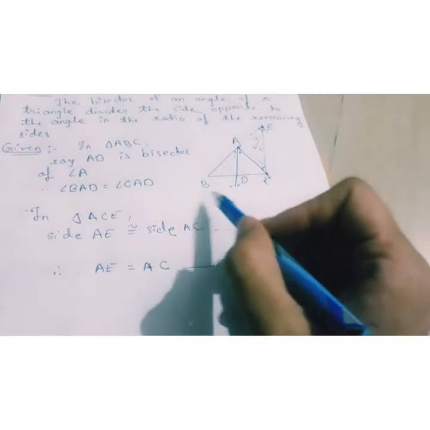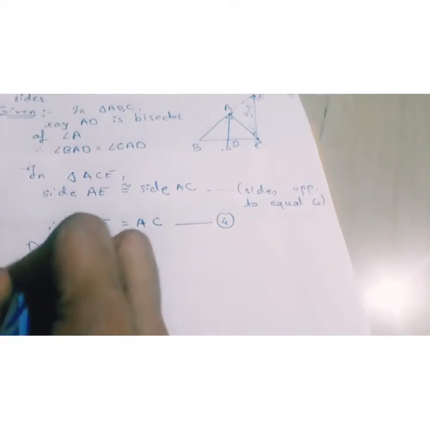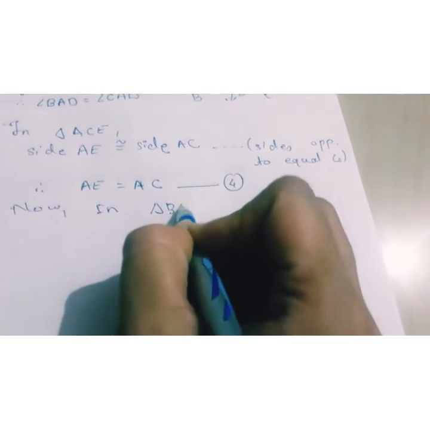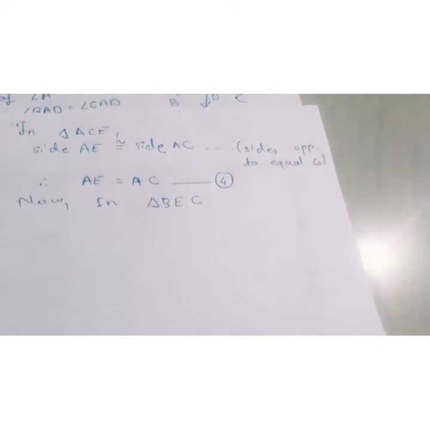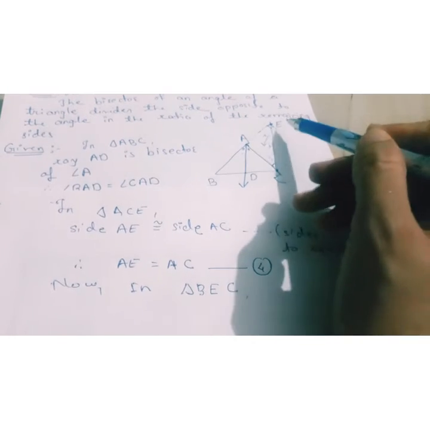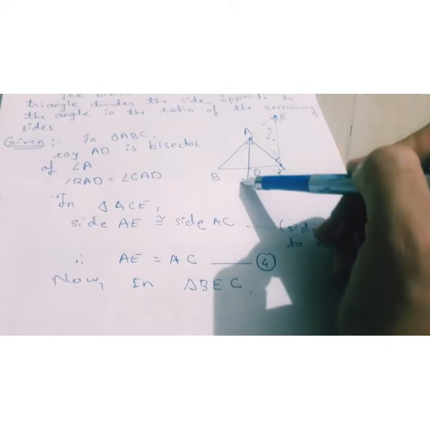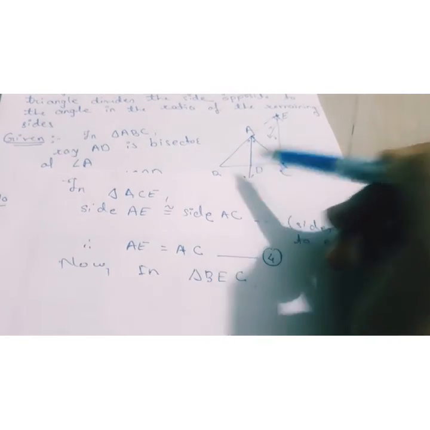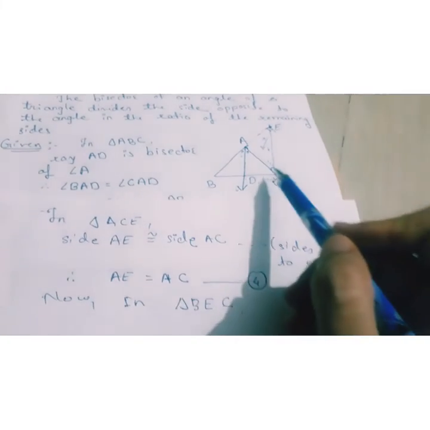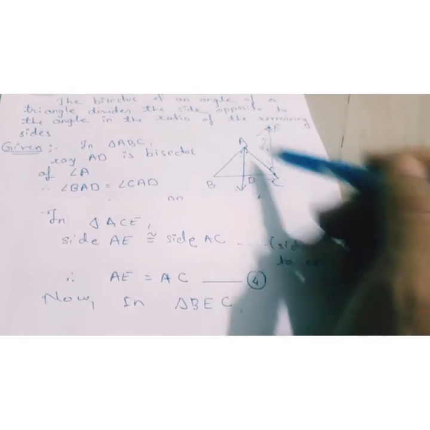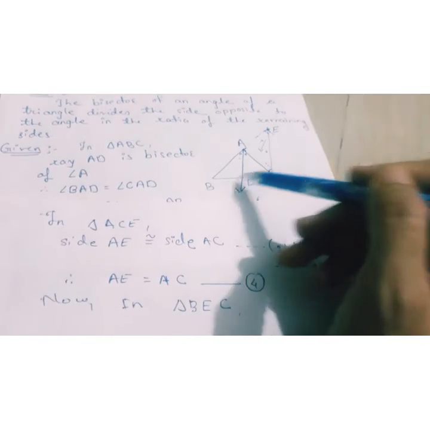Okay, now consider this bigger triangle BEC. In this BEC, this line AD is dividing side BE at point A and BC at point D. According to the basic proportionality theorem, in any triangle, if a line divides two sides at distinct points, then the ratios are also equal.